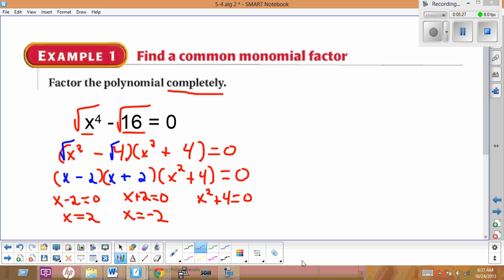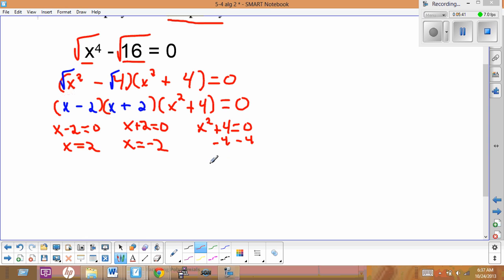Here, I'm going to have to solve x squared plus 4 equals 0, a quadratic, by square rooting both sides. So x squared is equal to negative 4. I'm using the square root method. You could have used the quadratic formula or completing the square; all the methods are open to us.